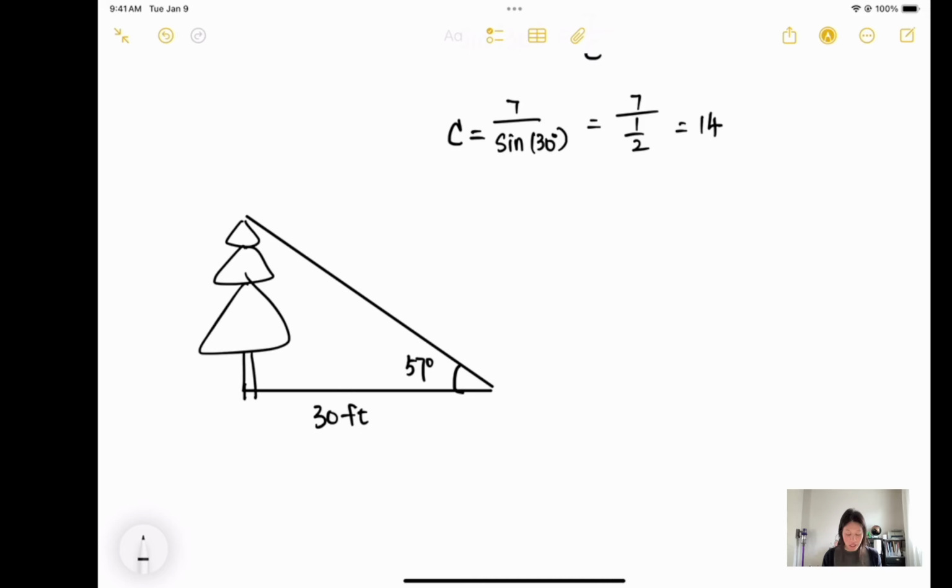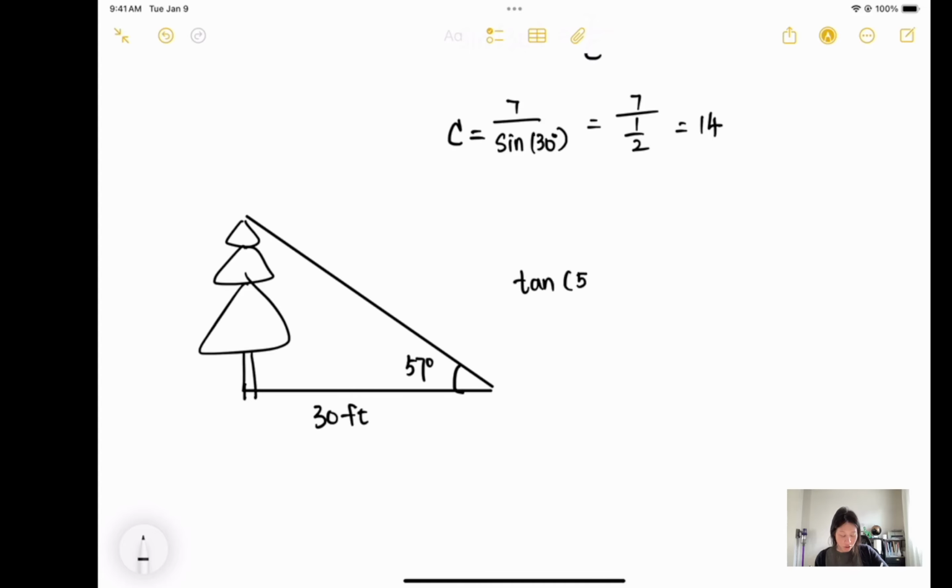The height of the tree is the opposite side of the given angle, and we know that 13 feet is the distance from the bottom to the vertex of the angle. So 13 feet is the adjacent side, which means we can use tangent.